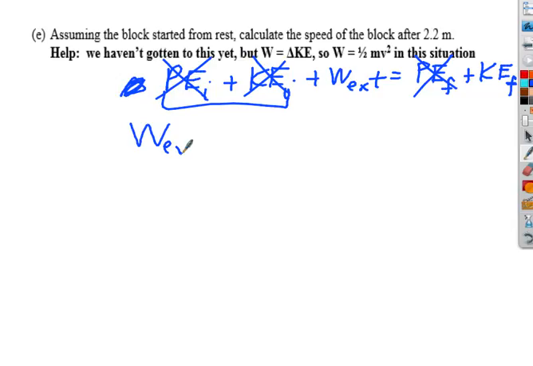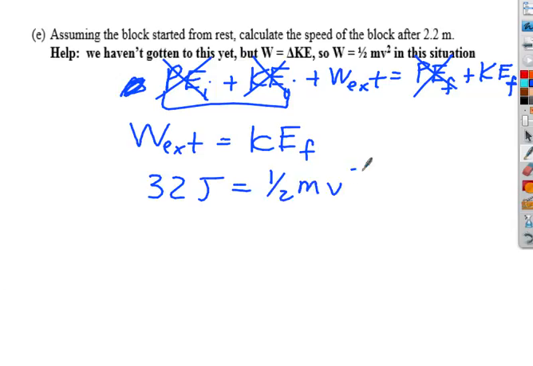The formula will be work external equals final kinetic energy. Well, we found the work external in the last problem. It's 32 joules. This will equal 1/2 m v squared. And we know the mass of the object. 32 joules equals 1/2 times, what's the mass? 2.5?